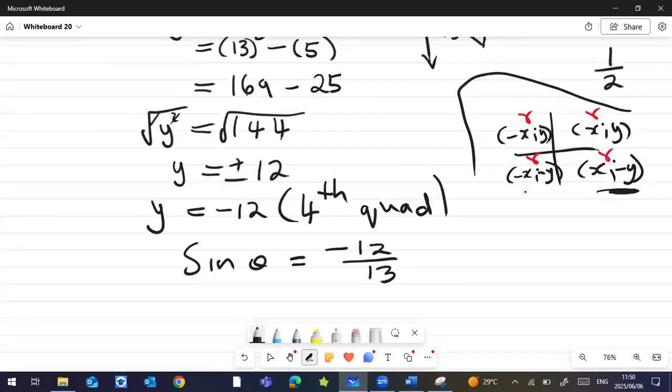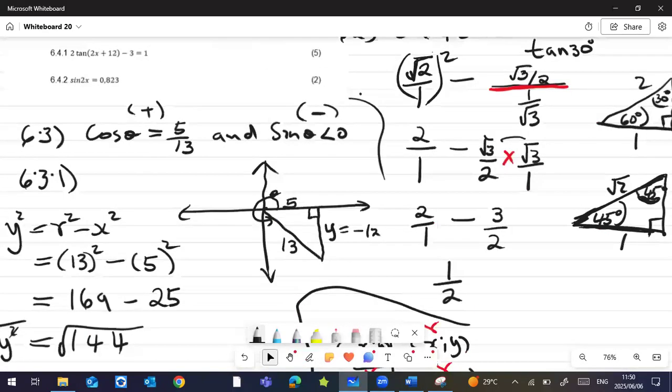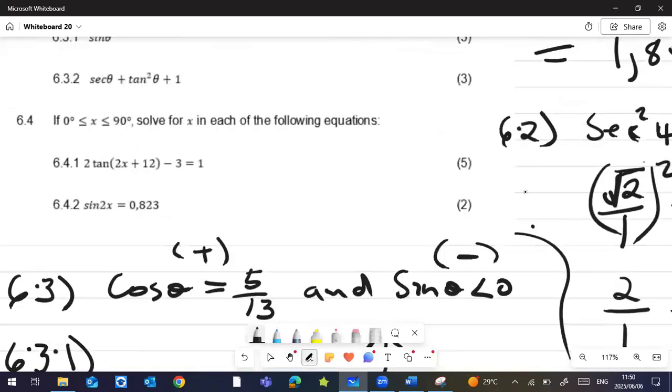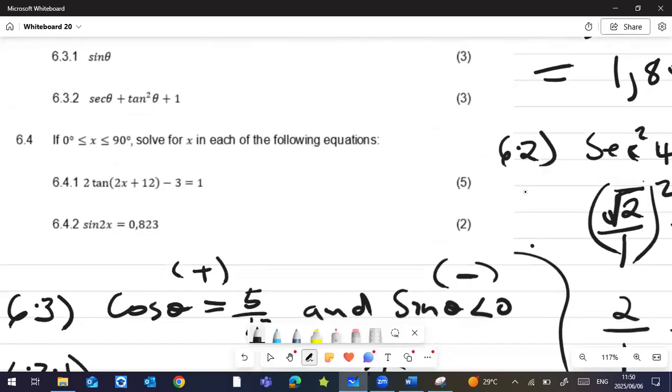Now we also need to answer 6.3.2. In 6.3.2, they want the value of secant theta plus tan squared of theta plus 1.